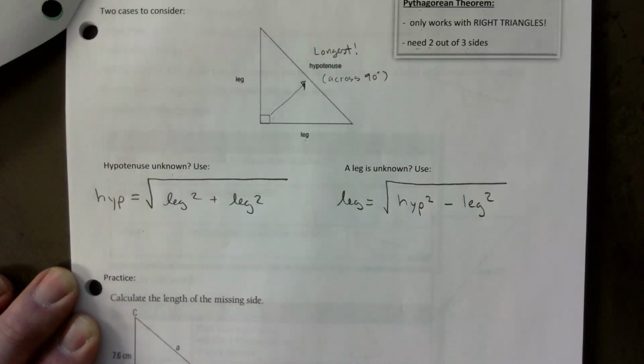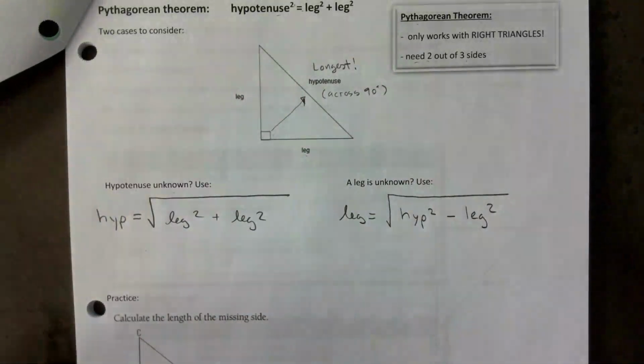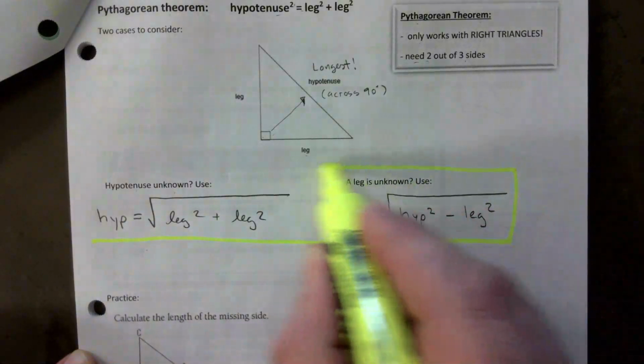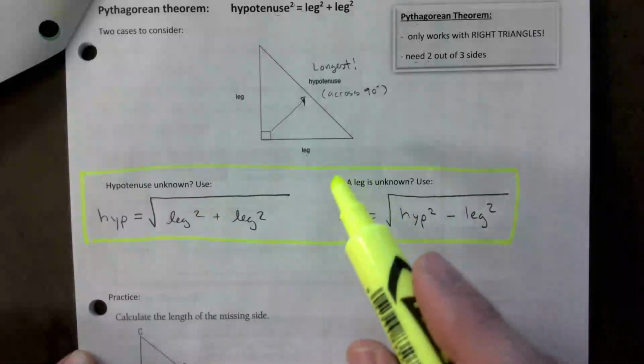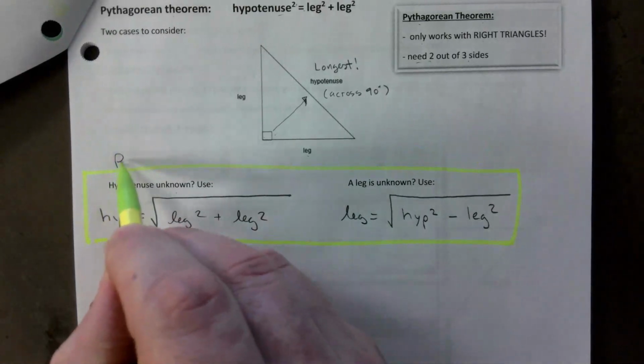So under Pythagorean theorem, I would just have these 2, to be honest. Unless you need that diagram up here, then go for it. But make sure you have the Pythagorean theorem.